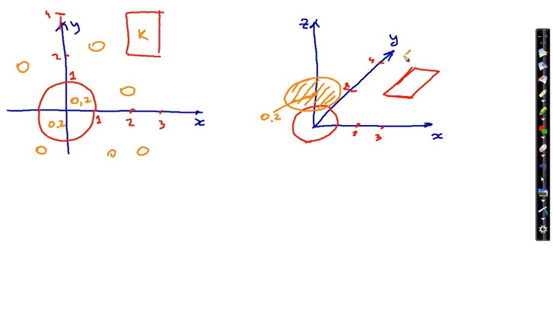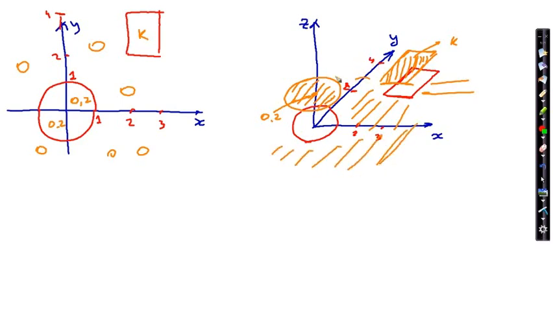So I'm trying to draw this parallel rectangle. So this is another portion of my surface, and the height is k, that is passing through the point k. And everywhere else outside of that unit disk and this rectangle, our f is 0.